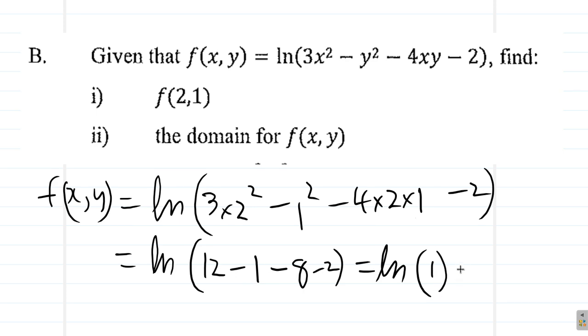So ln 1. And what is the natural logarithm of 1? Oh yeah, I should remember. ln 1 is 0. In fact, the logarithm with any base of 1 is 0.